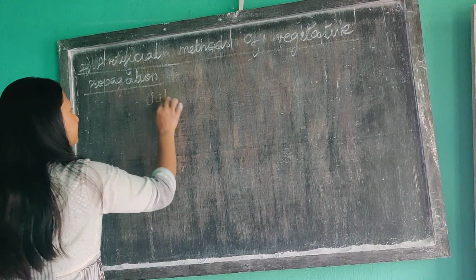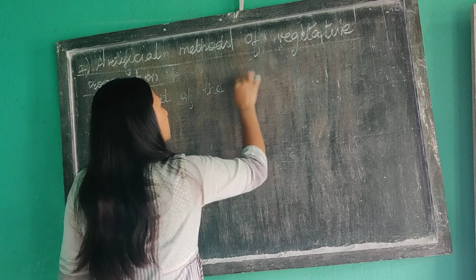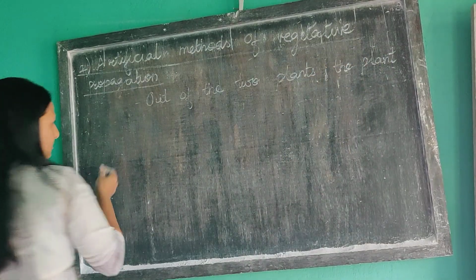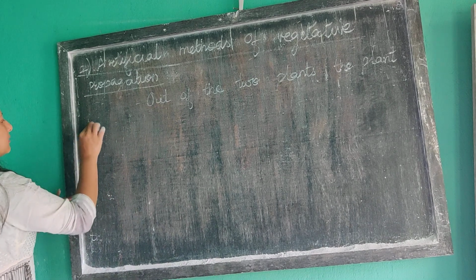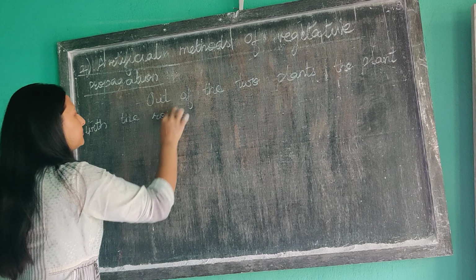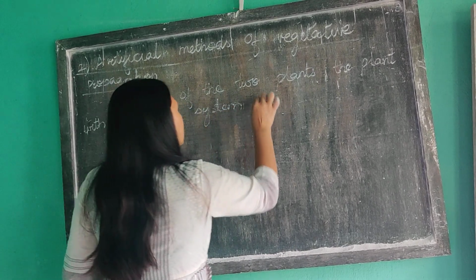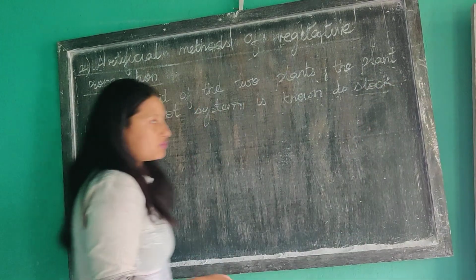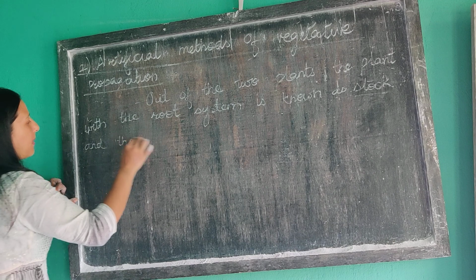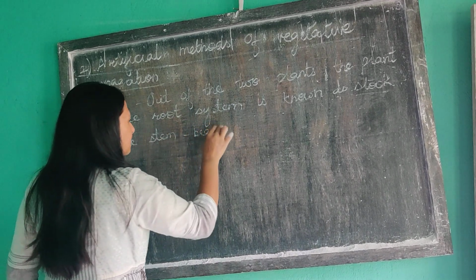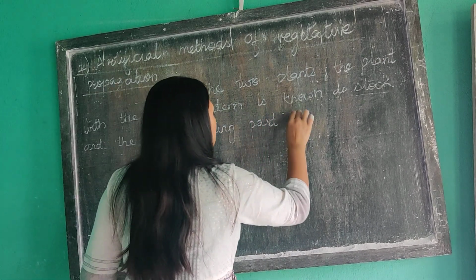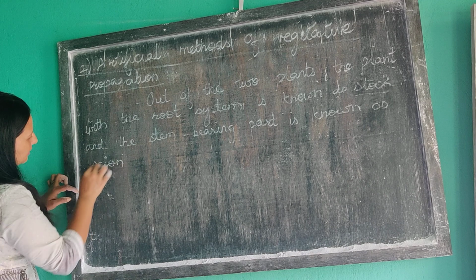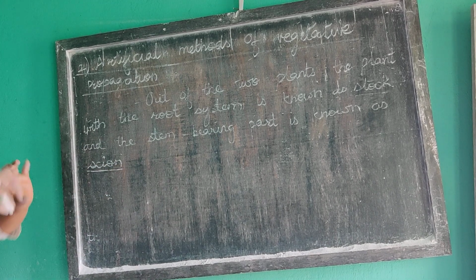Out of the two plants, the plant with the root system, whose stem is cut along with the root, is known as the stalk. The other has only the stem part, the stem bearing part, which is known as the scion.